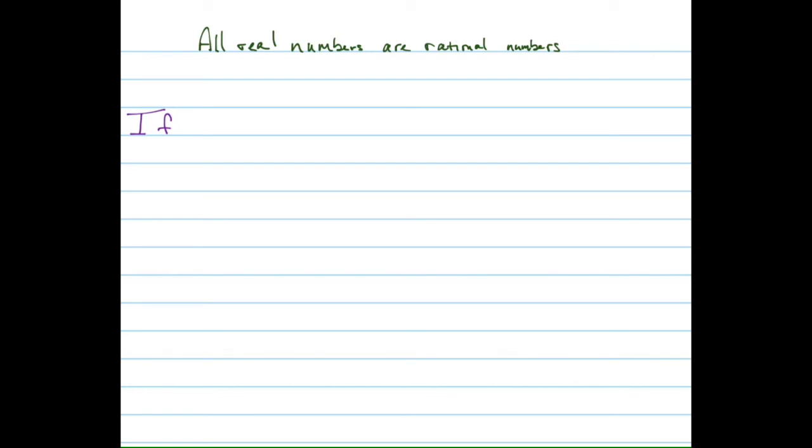Number. If a number what? No, what did we say we're talking about? If a number is a real number, we're making a statement about real numbers, so the real number should be in our hypothesis. Then it what? Is rational. We don't have the word no in there, we have the word all, so we're saying that it is a rational number.